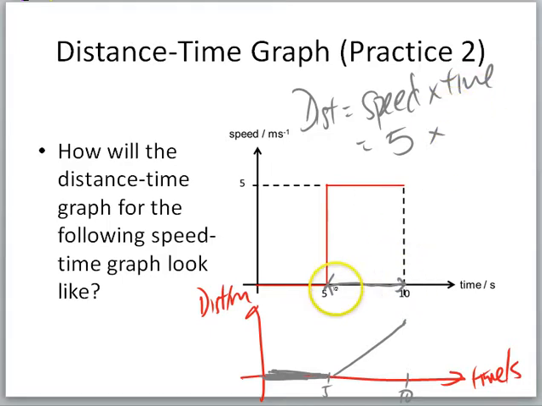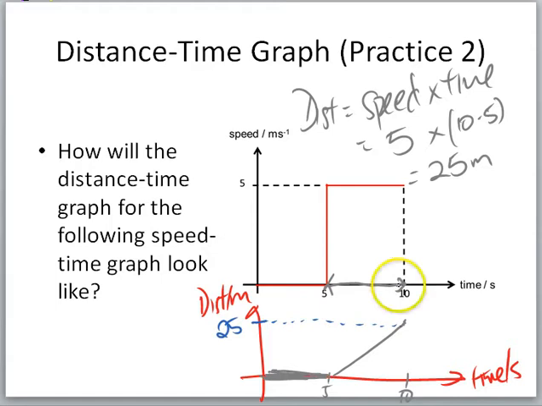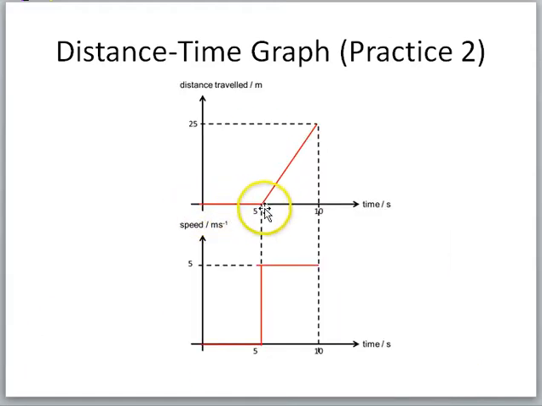So the time frame is actually how many seconds? 10 minus 5, which is only 5 seconds. So the distance traveled is actually 25 meters. So this point over here, the distance traveled will be 25 meters. So just take note of this. You can see from the next slide, it is 0 and then it travels all the way to 25.